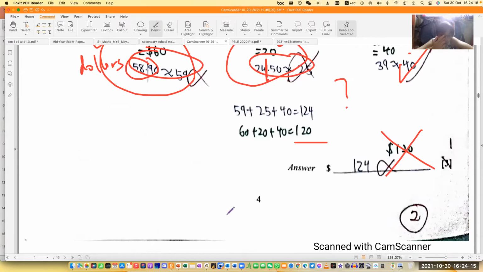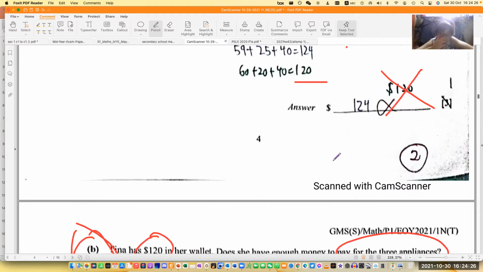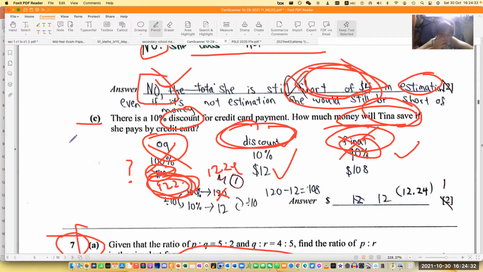This question, they ask you to round to 10. You never round to 10. You round to another thing. And over here, part B, you are supposed to use the exact one. You are not using the exact one. Part C, you are supposed to use the exact one, 122.2 something, but you never use the exact one.